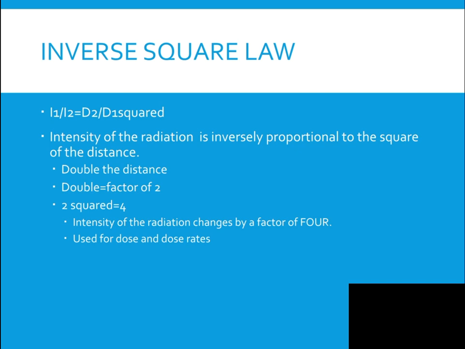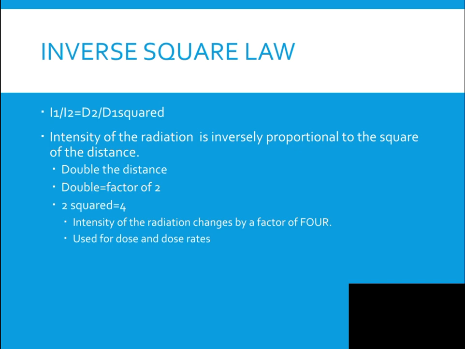So the most common mistake that you're going to make in the inverse square law is to not square the second half of this. Or the second most common mistake is that you're going to apply the wrong law. Instead of applying the inverse square law, you're going to apply the direct square law. So inverse square law always has to do with exposure.